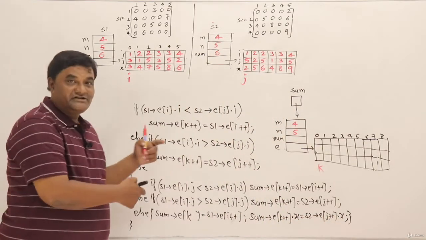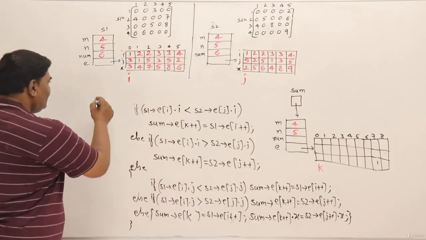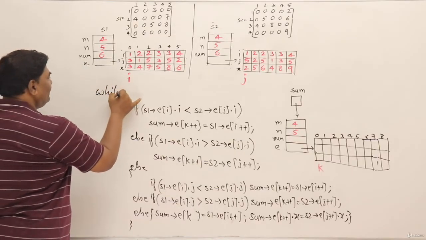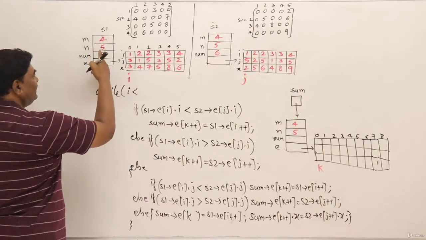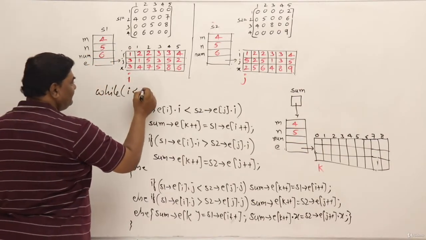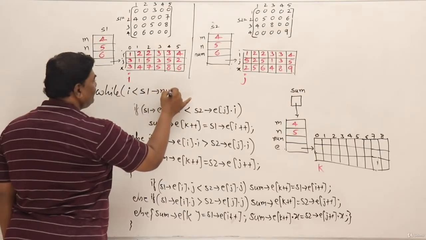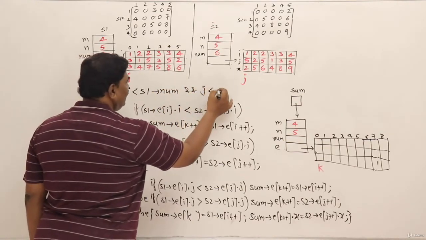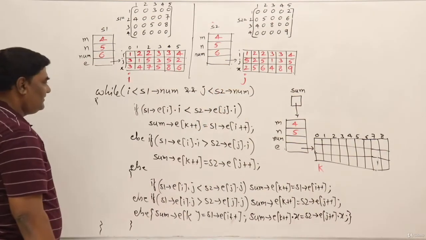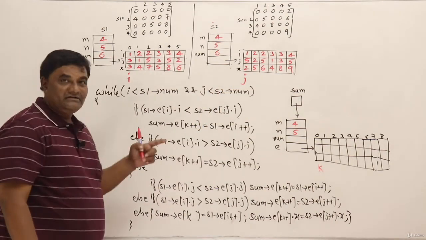Then this procedure should be repeated. So this has to be continued while I is less than the number of elements of this one, that is S1's num, and j should be less than S2's num. So this loop will be comparing and copying the elements.